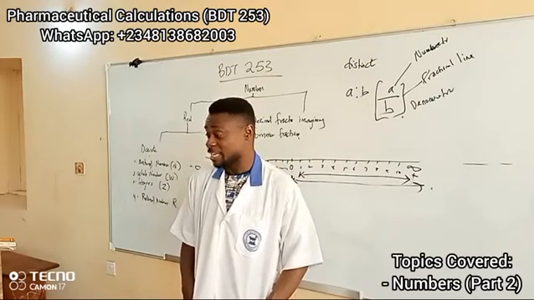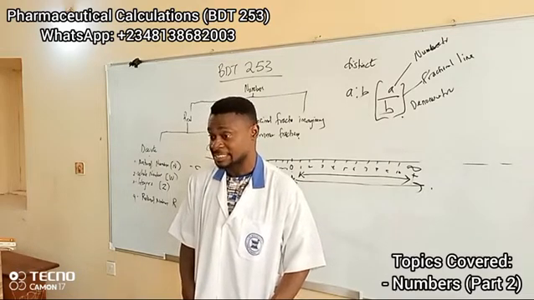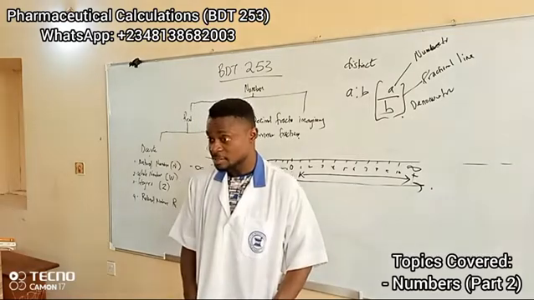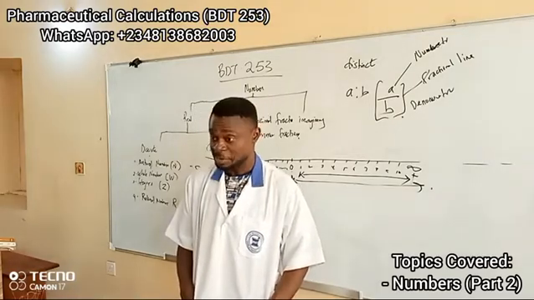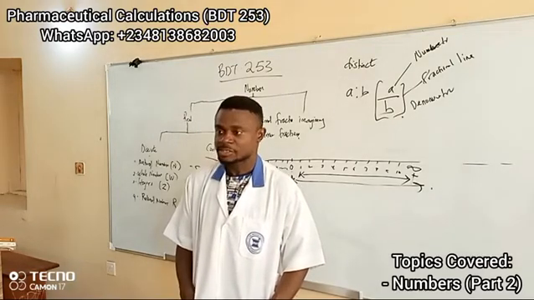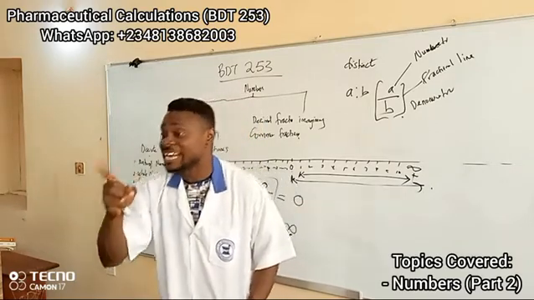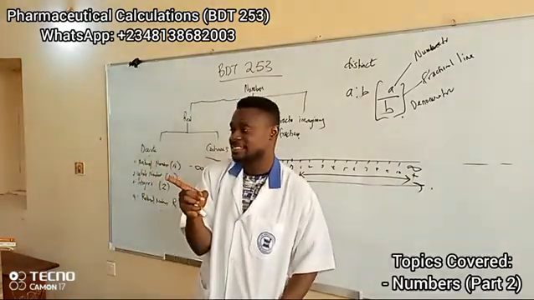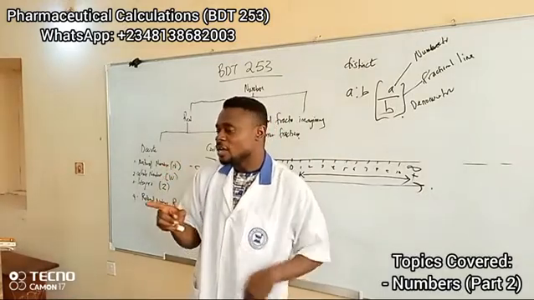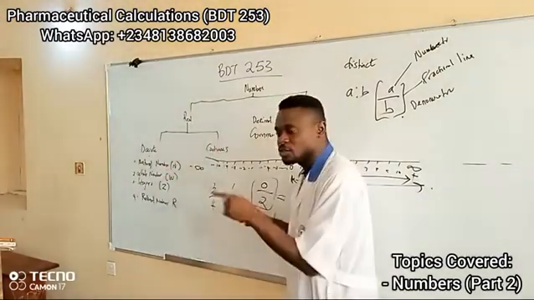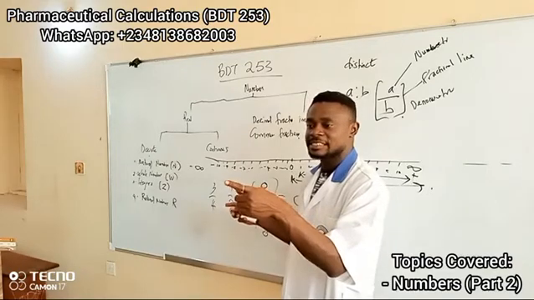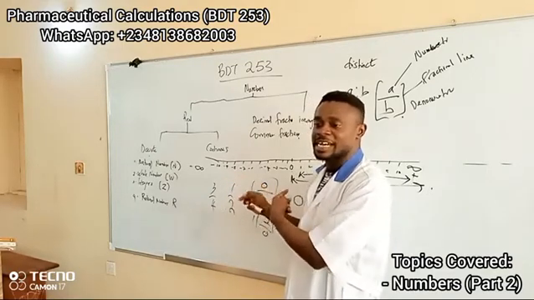Fractions can be expressed as decimals. Are you with me? But not all decimal numbers are fractions, because not all of them can be rationalized. You see where the term rationalization came from.